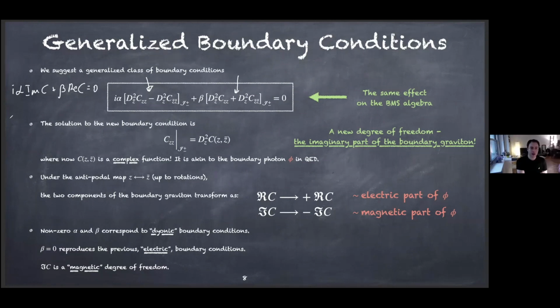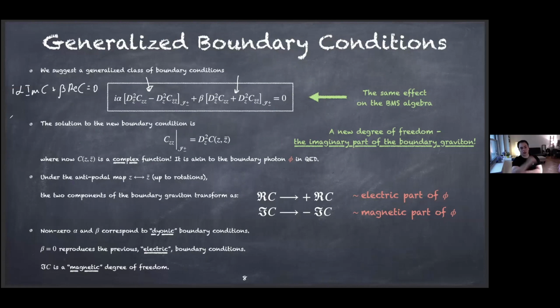I will take them to be constant, but more generally, they can also be functions of the angles. So in the rest of the talk, I will not use this description using alpha and beta. I will just explore the consequences of the new degree of freedom, the imaginary part of C.